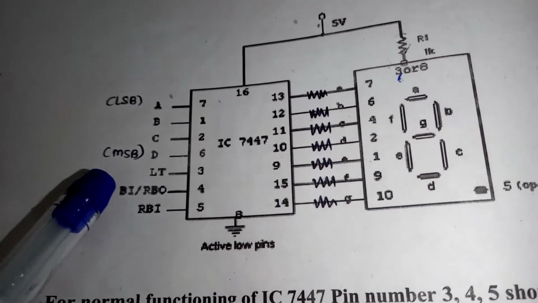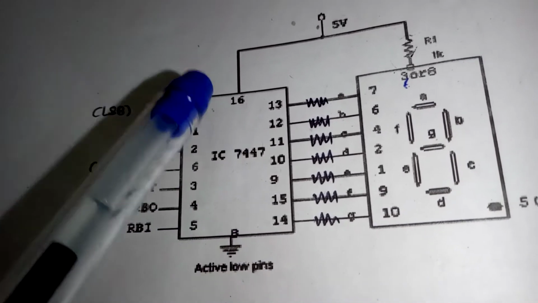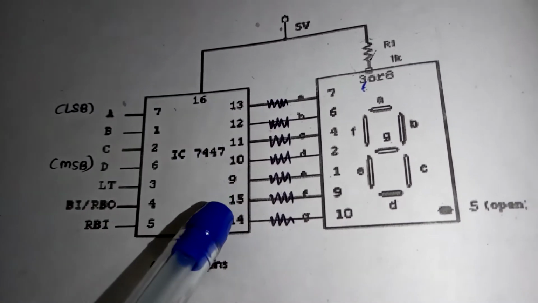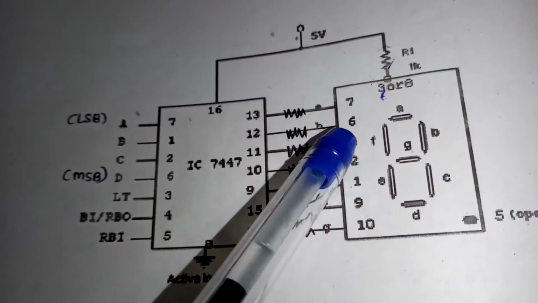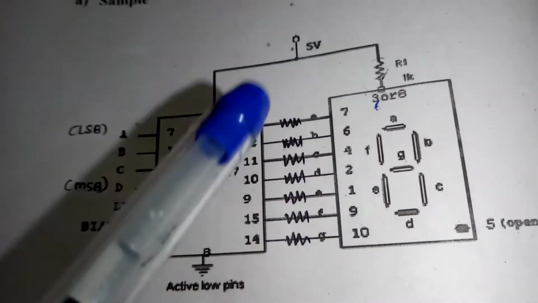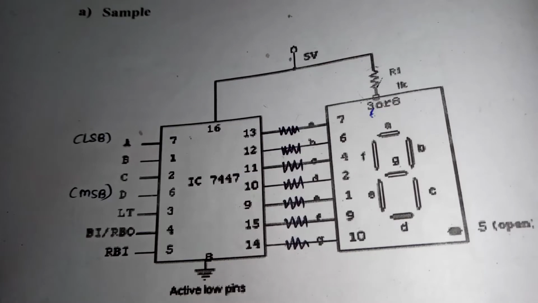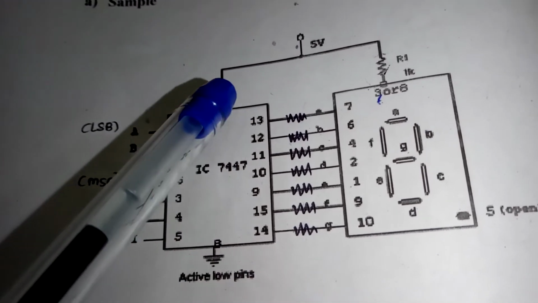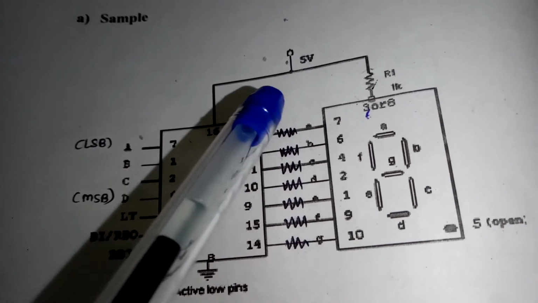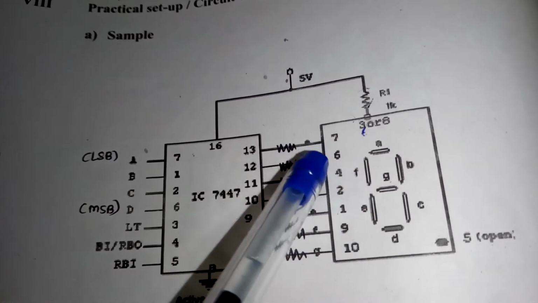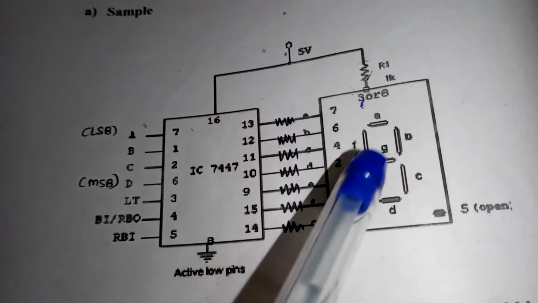And the remaining pins, that means pin number 9 to pin number 15 are connected to 7 segments of display, that is pin number 13 is connected to 7, 12 is connected to 6, 11 is connected to 4, 10 is connected to 2, 9 is connected to 1, 15 is connected to 9 and 14 is connected to 10. So whatever data we are placing on ABCD, that data is converted into digits, and the respective 7 segment display will glow and you can see the number on a display.